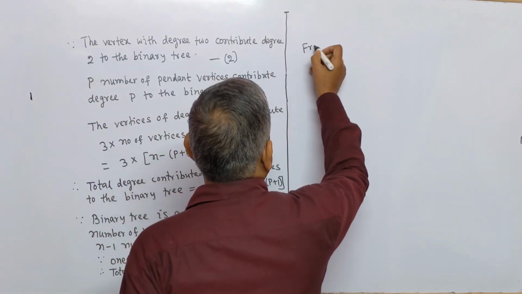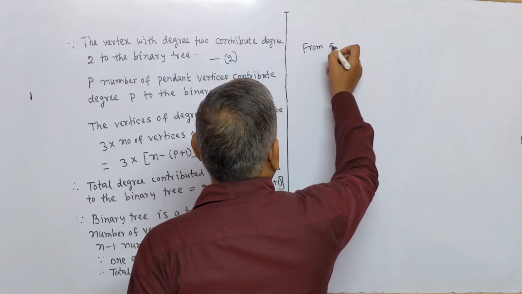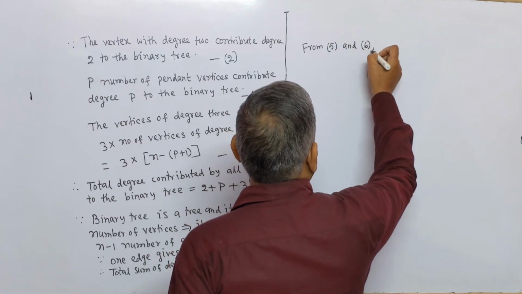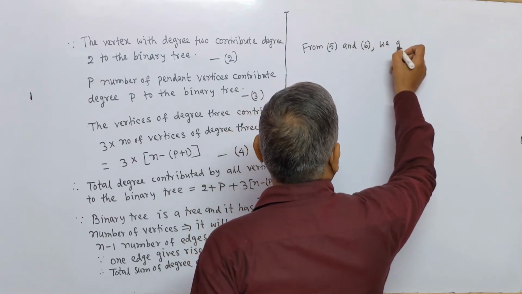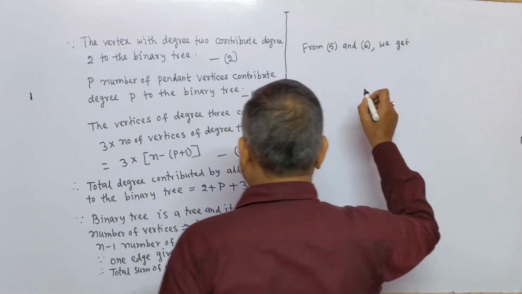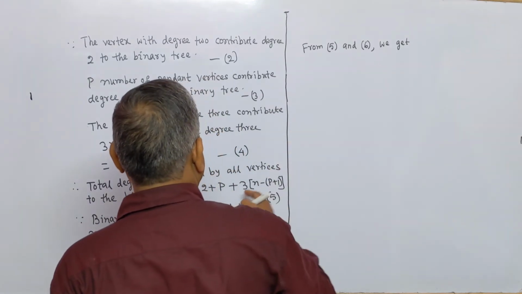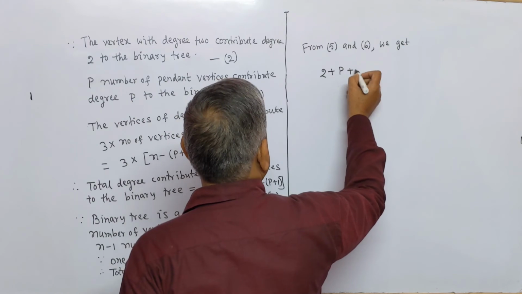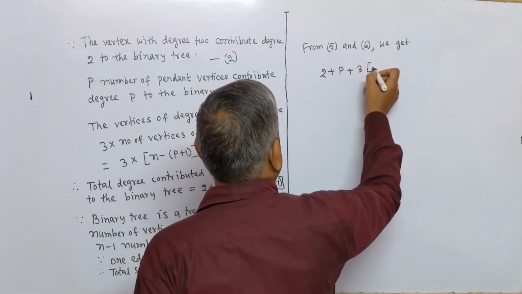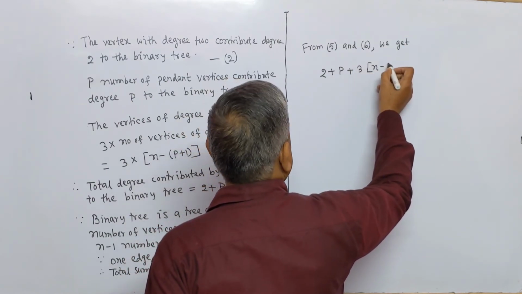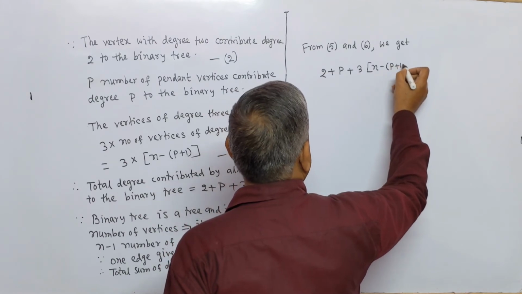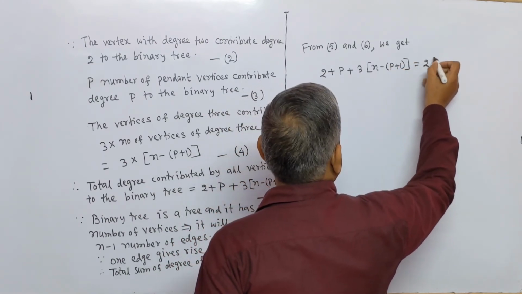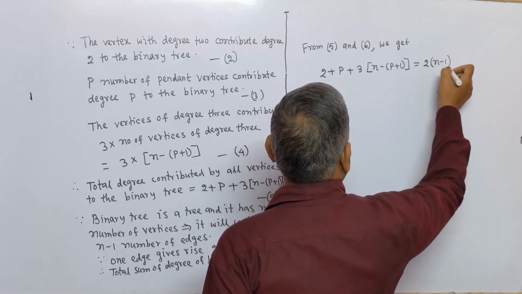From 5 and 6 we get: in 5, 2 plus p plus 3 times n minus p plus 1, and in 6, 2 times n minus 1.